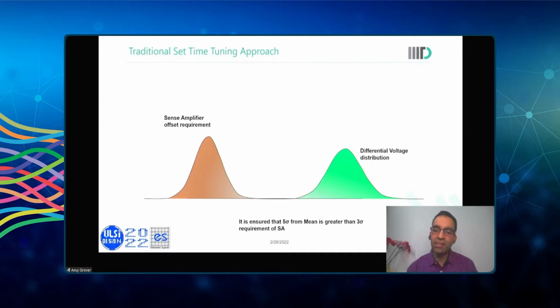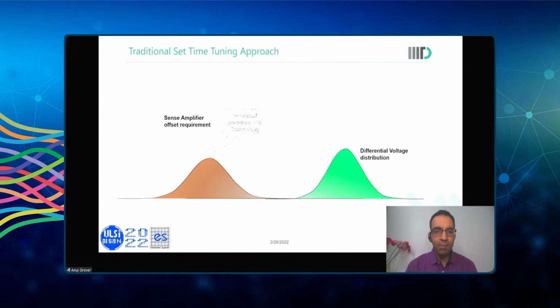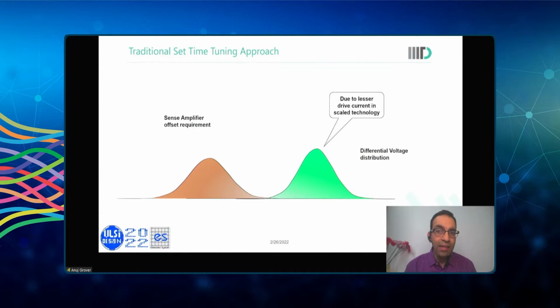However, as the technology is scaling, what happens? The mismatch increases. As mismatch increases, what happens? The sense amplifier offset requirement increases. As technology scales, there is another thing that happens. The memory cell also shrinks. As the memory cell shrinks, the current that it can drive reduces.